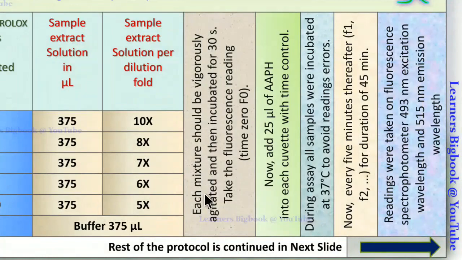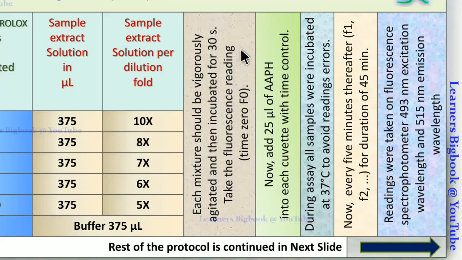We are going to agitate, mix or shake those mixtures in a proper way so the reaction happens in a perfect manner, and it has to be incubated at room temperature for 30 seconds. After 30 seconds, that is after agitating, we are going to take the fluorescence reading of all the containers.